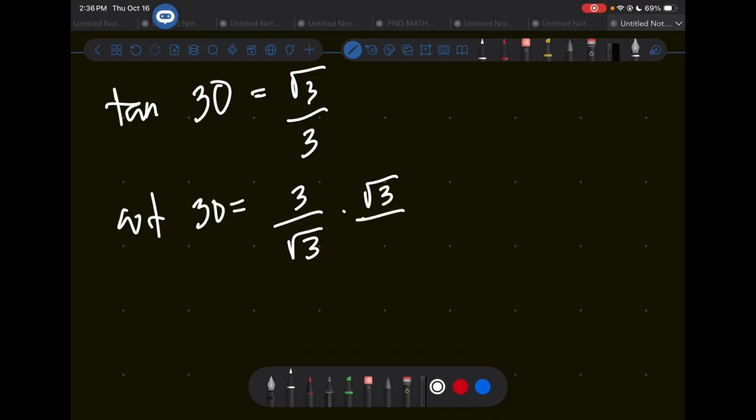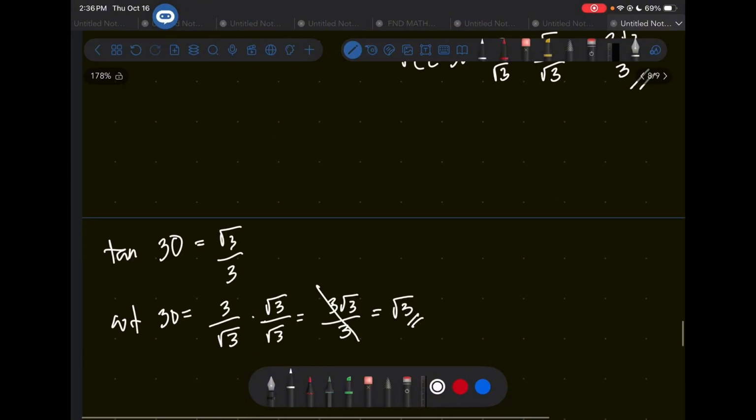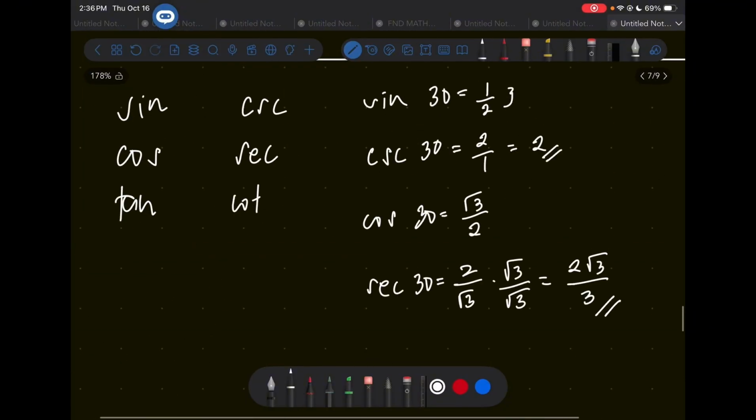Multiply both sides by square root of 3. It's just going to be 3 square root of 3 over 3. These two cancel, so it's just going to be square root of 3. So that's it. You just basically reverse the spots.